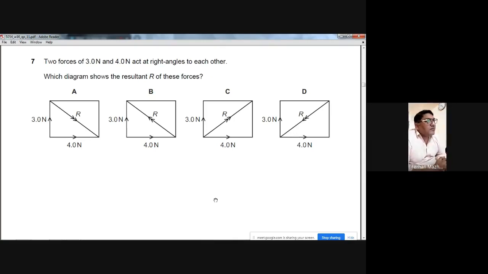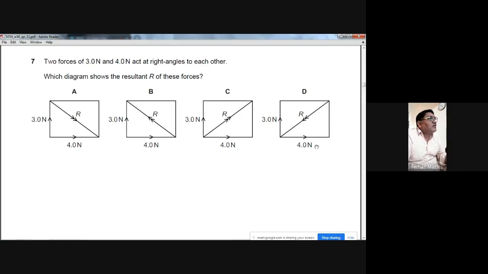In the parallelogram, the vectors to be added must have their tails joined. The resultant is where the tails are joined, and you join that point with the opposite corner. So C is the best option. You see the vectors 3 Newton and 4 Newton, their tails are joined, you complete the parallelogram, then from where the tails were joined, you join to the opposite corner. So that is the best one.